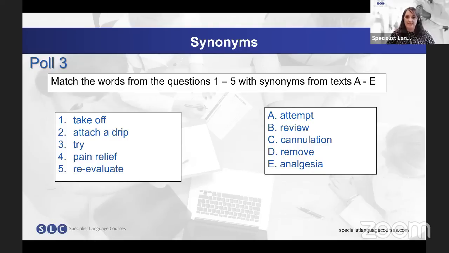Write your ideas into the comments box. So you can write 1 C, 2 D, etc. There's no need to write the full words. So pop those into the comments box and let's share our ideas with everybody in the class today.